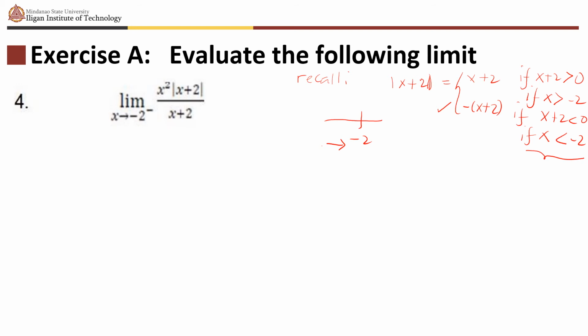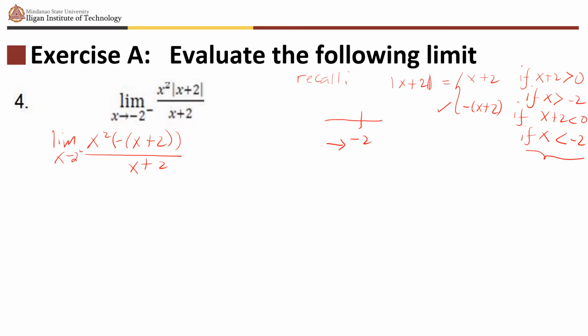So from here, we now have the limit of x squared times the negative of x plus 2 all over x plus 2 as x approaches minus 2 from the left.